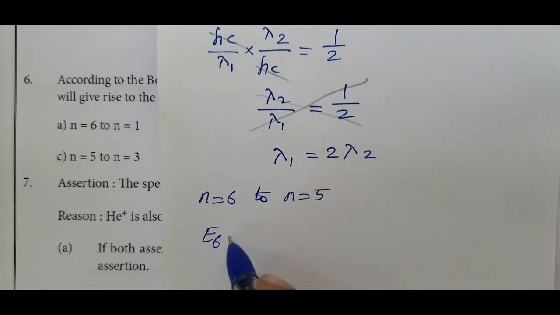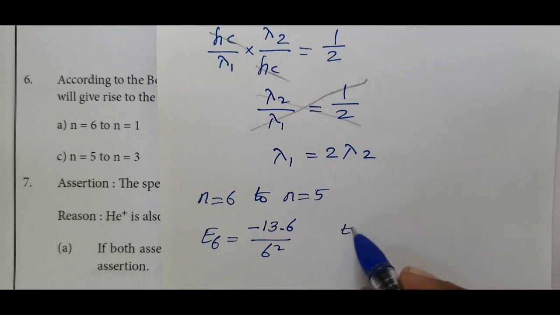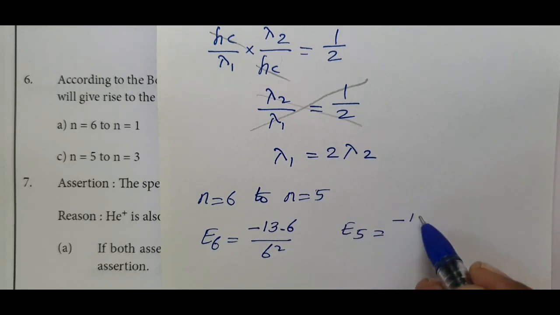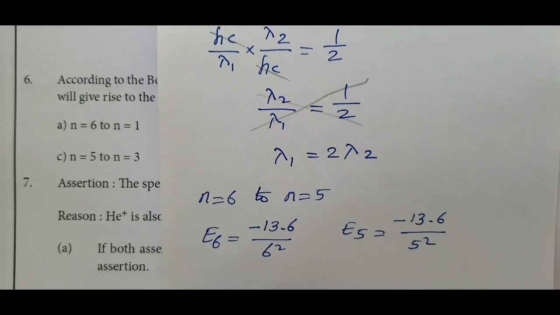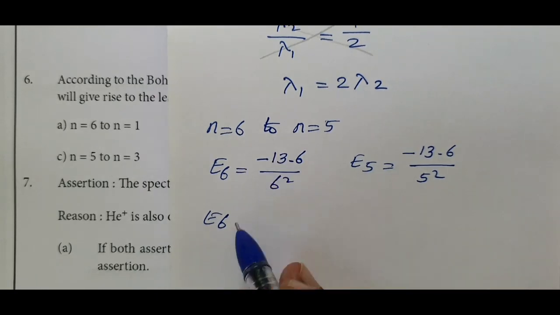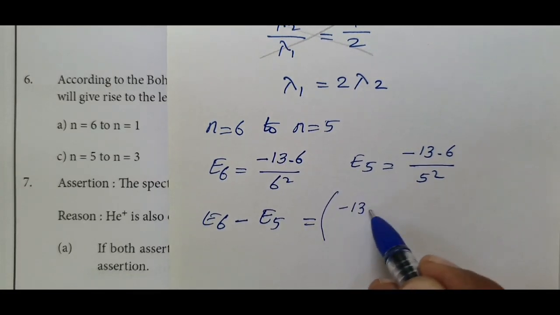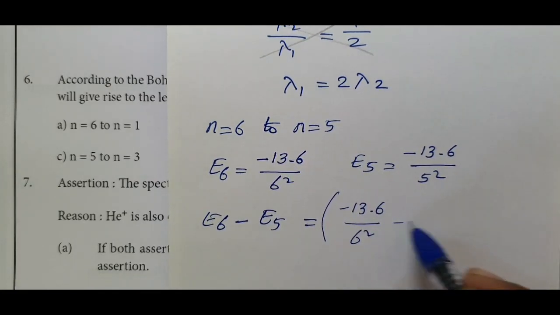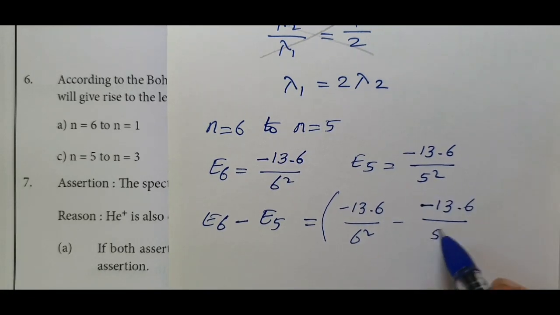E6 equal to minus 13.6 divided by 6 squared and E5 equal to minus 13.6 divided by 5 squared. E6 minus E5, higher minus lower, equal to minus 13.6 divided by 6 squared minus minus 13.6 divided by 5 squared.